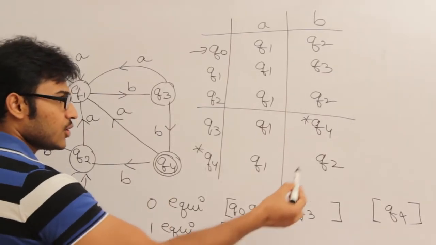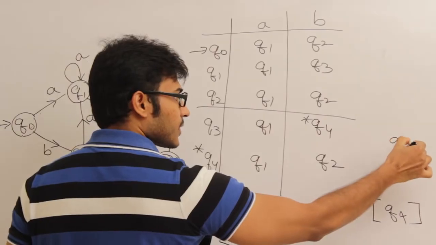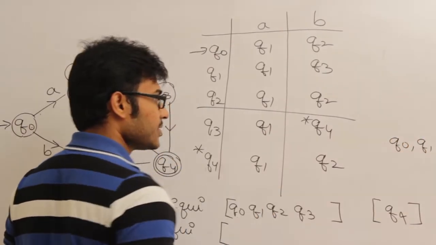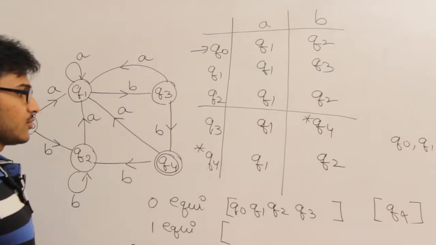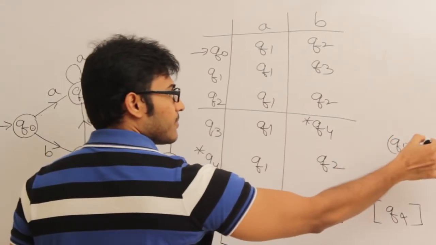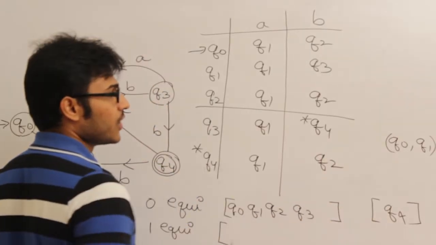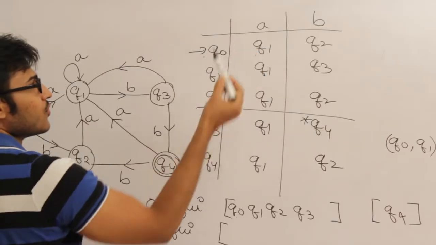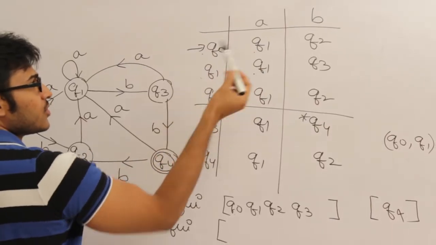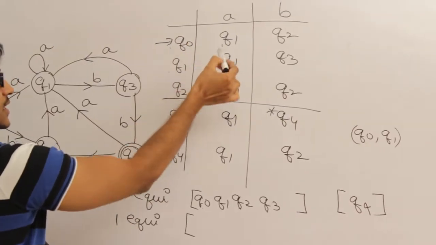Let us take Q0 and Q1 and see if they are one equivalent or not. In order to see that, you have to take both of them and see where they are going on symbol A and symbol B. Q0 is going to Q1, and Q1 is going to Q1. Both are going to the same state.